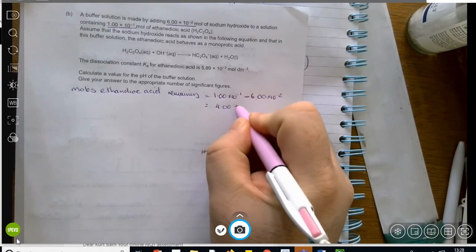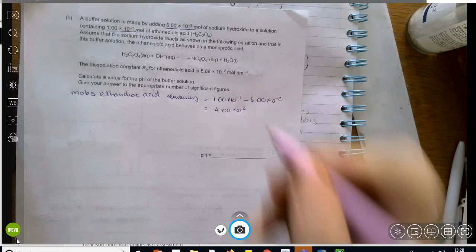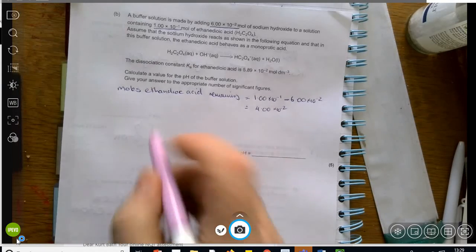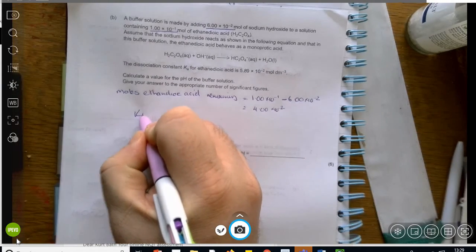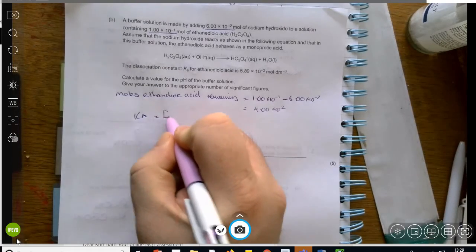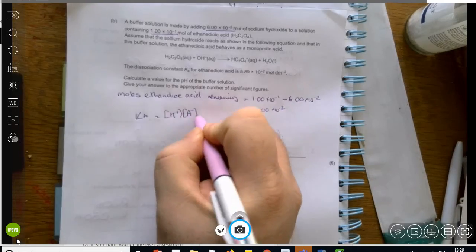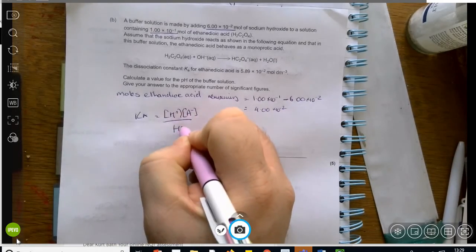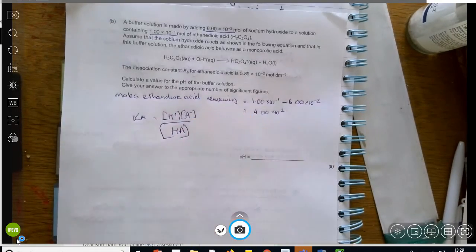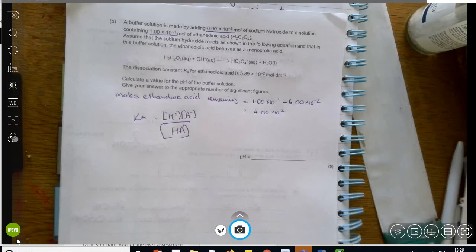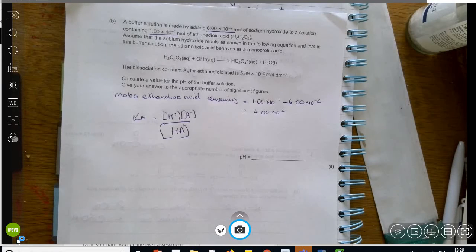It's quite simple. Times 10 times 2. Once you've got that, you then go into the Ka equation. So Ka is equal to H plus A minus over buffer. Rearrange the equation, calculate the pH. Okay, that's where we're at the moment.